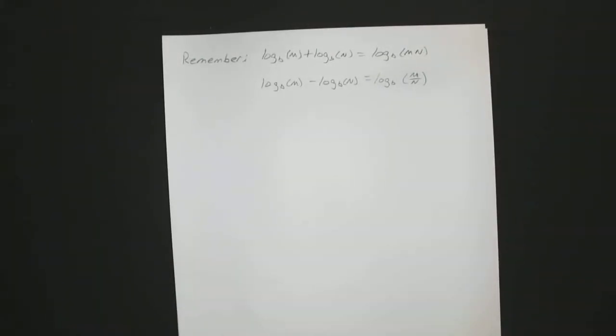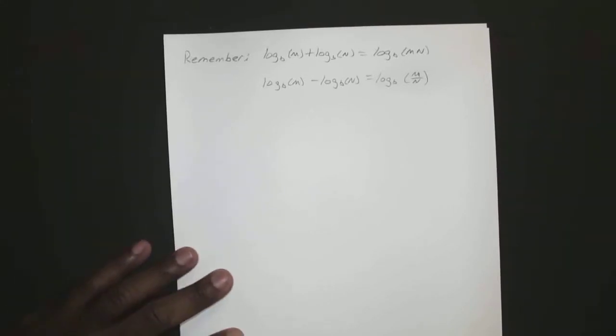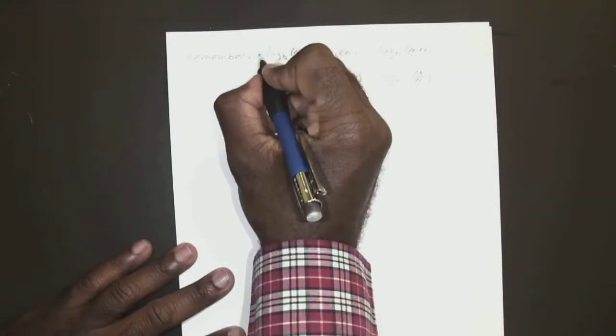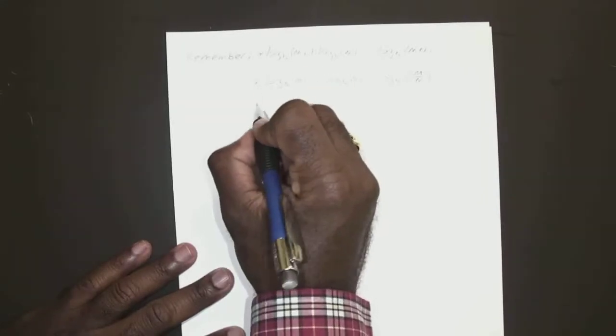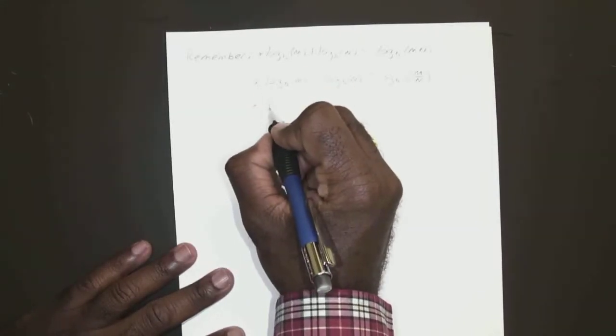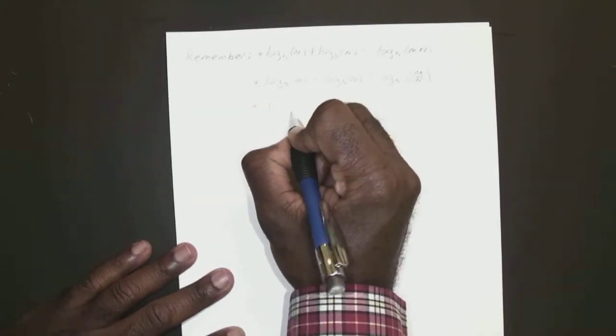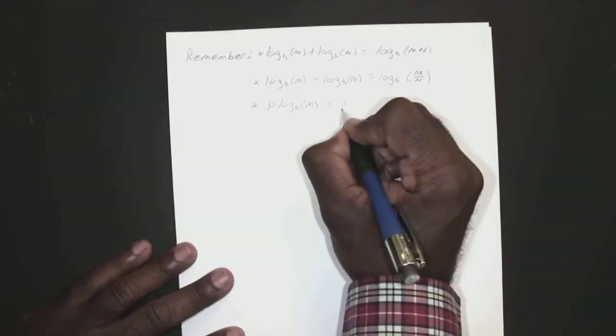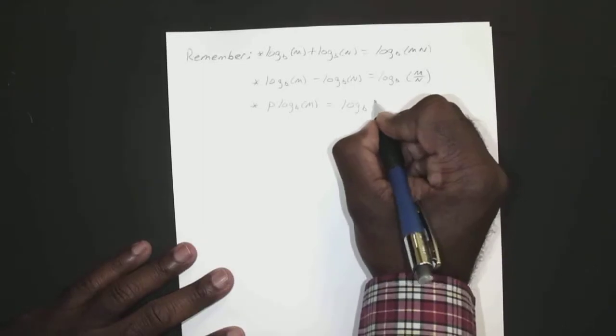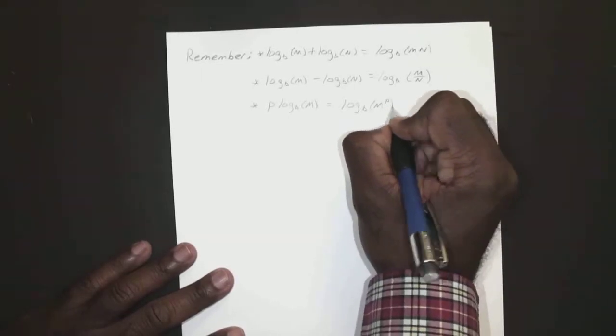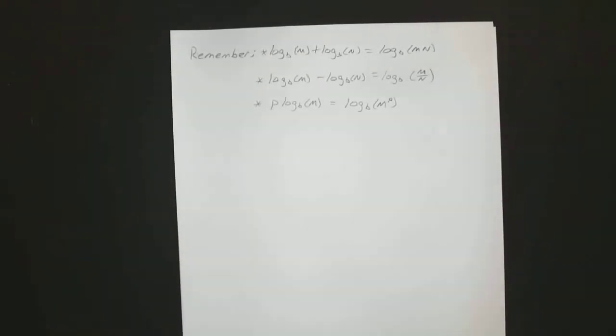And remember, that's just the quotient property flipped around. Also, p times log base b of m is equal to log base b of m to the power of p. Again, just the power property flipped around.